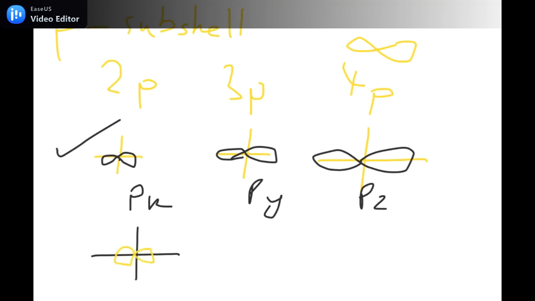However, if it is py, then it is vertical. And if it is pz, then we'll draw this line and it will be in this manner.